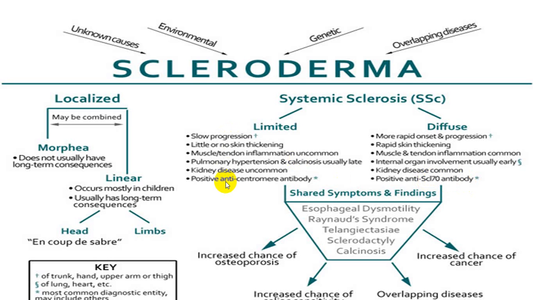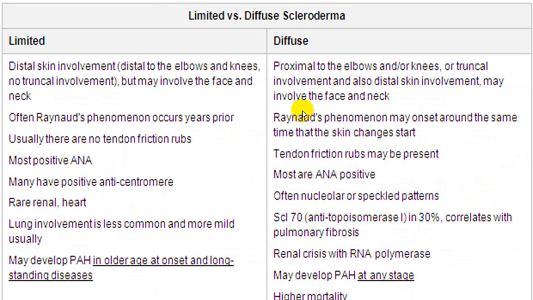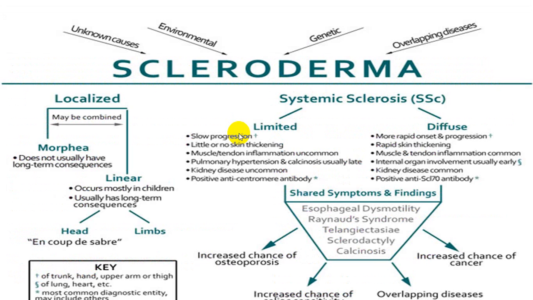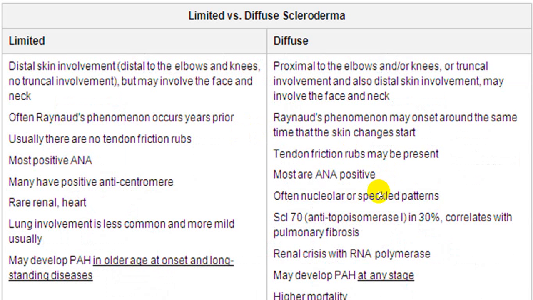While here, the anti-centromere antibody may be positive in 40% of the people, this is positive in almost 70 to 90% of the people. So we have already given the difference between limited and diffuse variety here. This is a little bit more detail.